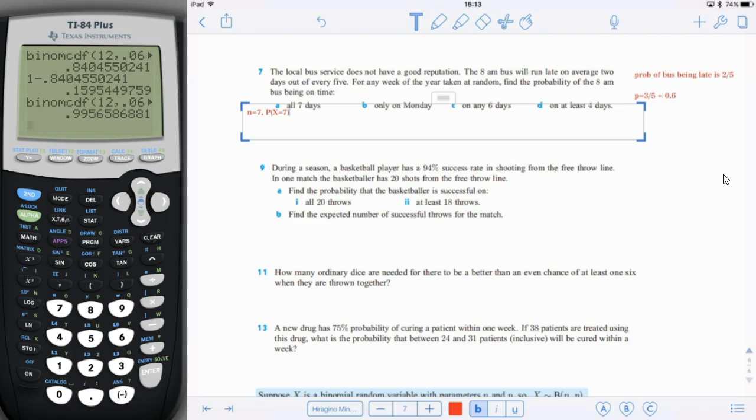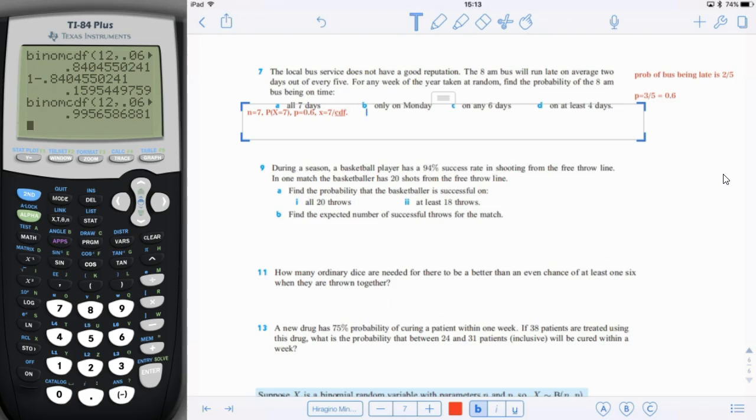And then the probability is 0.6. In the calculator, we're going to use the x value of 7, and are we going to use PDF or CDF? In this case, we're going to use CDF because the only way we're going to have success is if we do all 7 days, right?